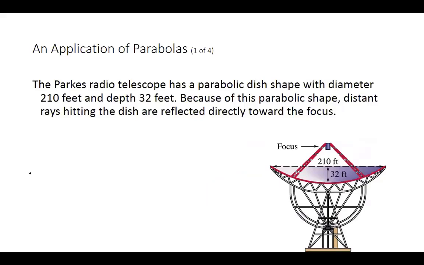So you can look at this application problem. A Parkes radio telescope has a parabolic dish shape with a diameter given to us as 210 feet. The depth is 32 feet. Because of this parabolic shape, distant rays hitting the dish are reflected directly toward the focus.